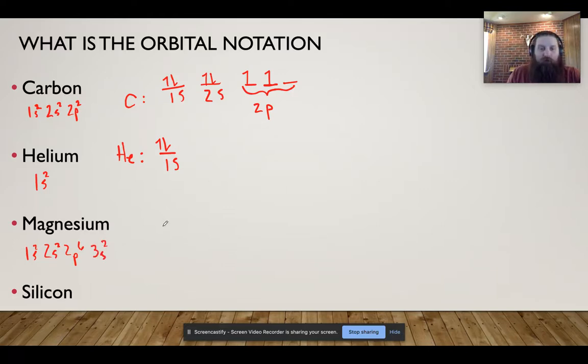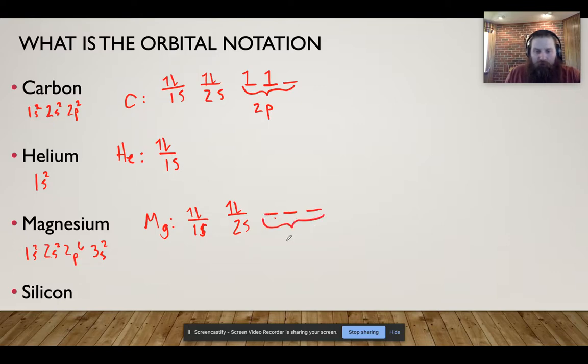That's its electron configuration. So for our orbital notation, we write 1s, up, down, right? 2s because it's full, up, down. 2p, p can hold 6 electrons.